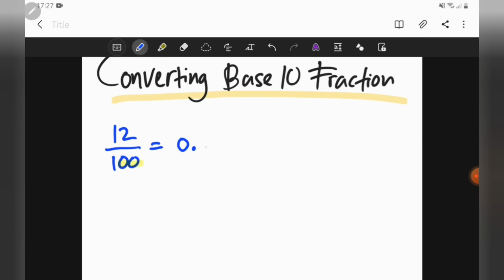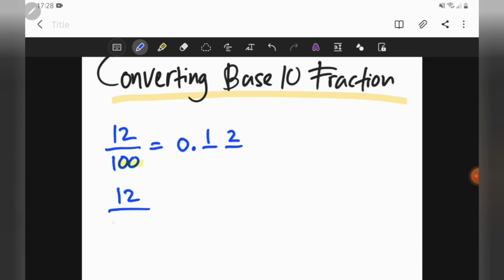It means you have to put 2 digits there. Here you have to use the smallest place value in the numerator, so it is 2 here. Put it at the last, and then continue with the rest of the number. So put 1 there. So the answer is 0.12.